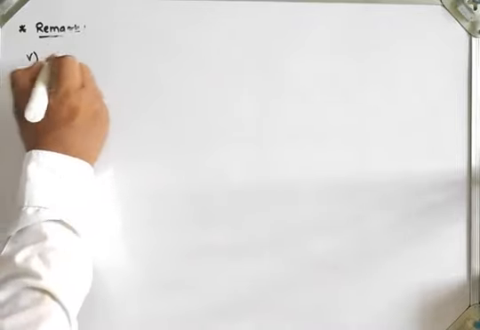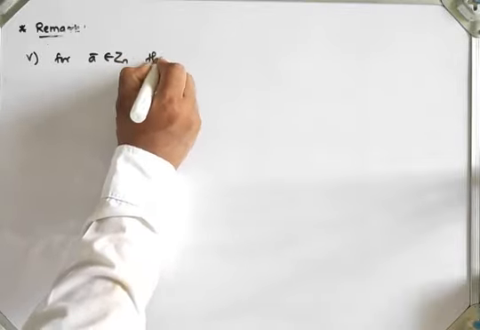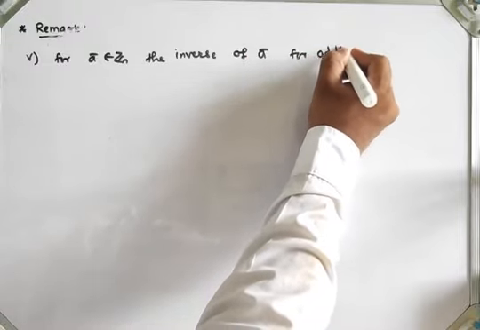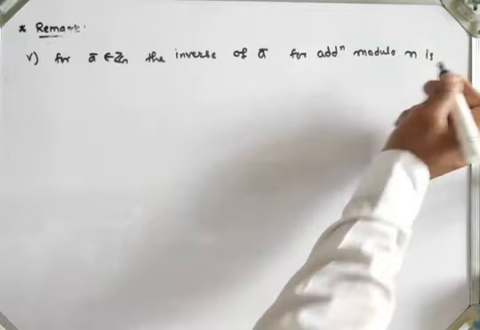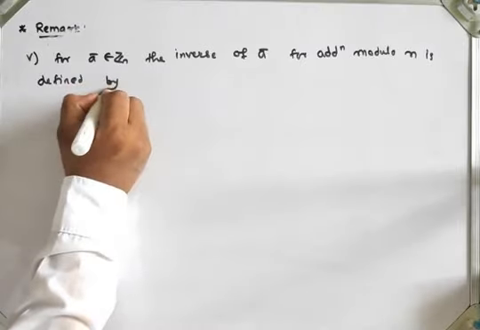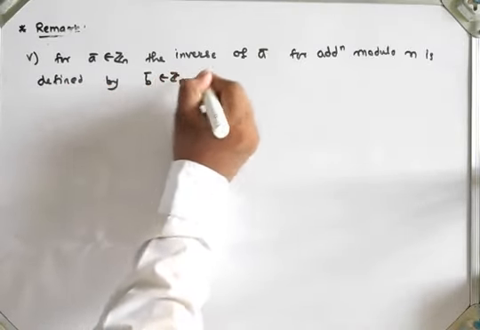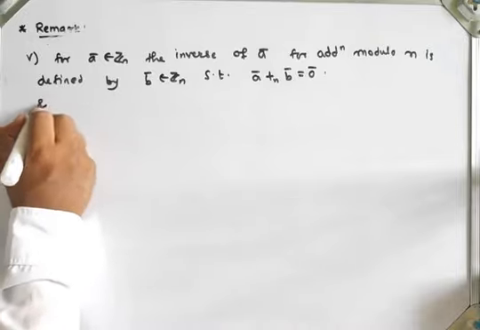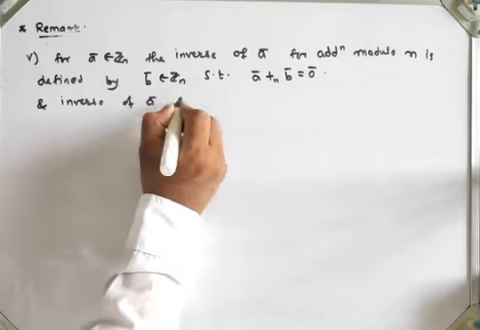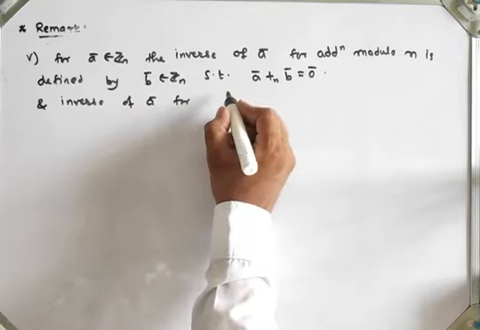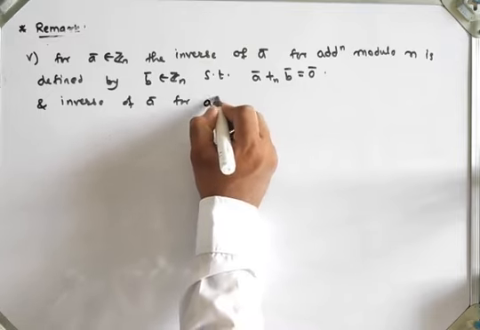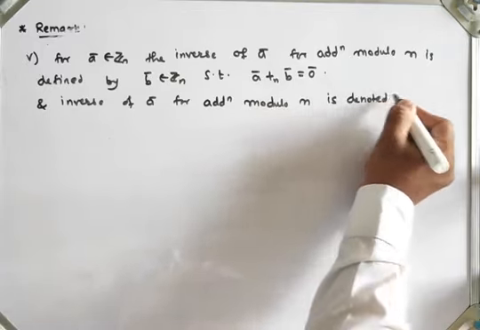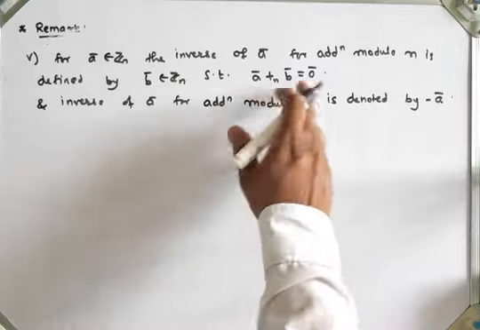Next, for a bar belonging to Zn, the inverse of a bar for addition modulo n is defined by b bar belonging to Zn such that a bar plus modulo n b bar is equal to 0 bar, and the inverse of a bar for addition modulo n is denoted by minus a bar, meaning after solving this we will get minus a bar.